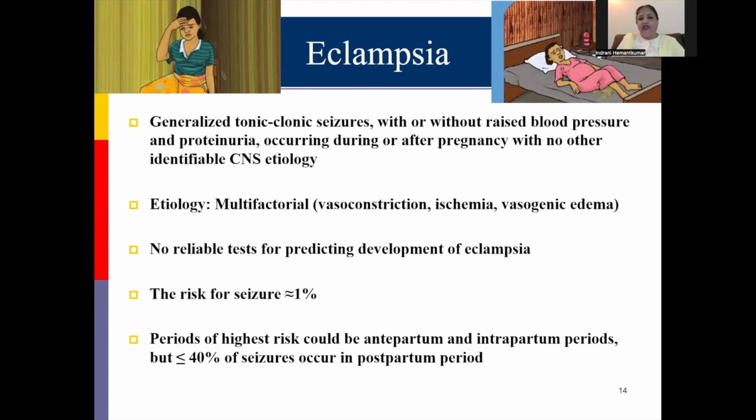The etiology could be multifactorial: vasoconstriction, ischemia, or vasogenic edema. There is no reliable test for predicting development of eclampsia, and the period of highest risk could be antepartum and intrapartum, but almost 40% can occur even postpartum.